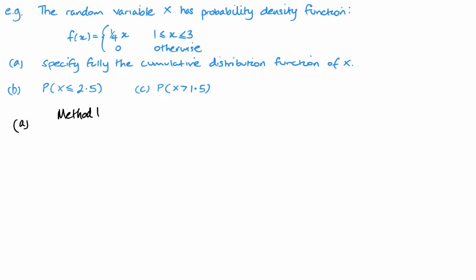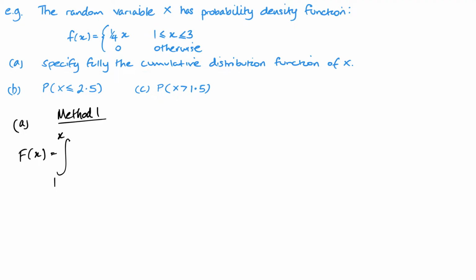So method 1, which I'll do in black, and what that is just integrating this. So to get my capital F of x, I'm going to integrate between x, which is like an unknown upper value at some point, and then the lower value is going to be, in this case, 1, and it is the bottom value here.